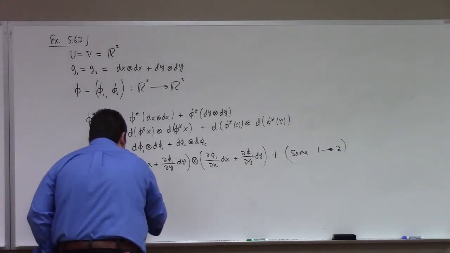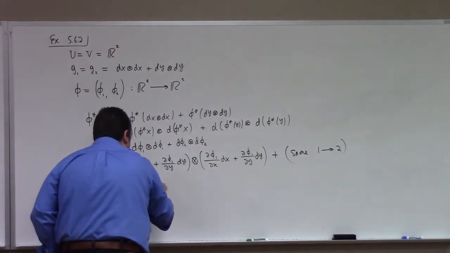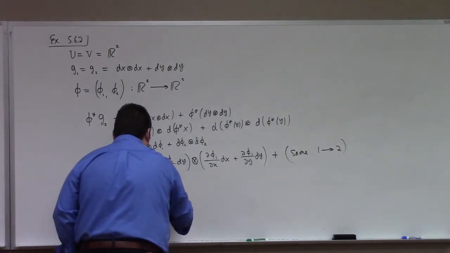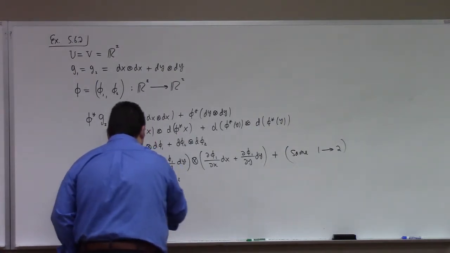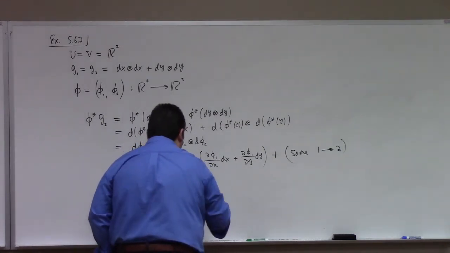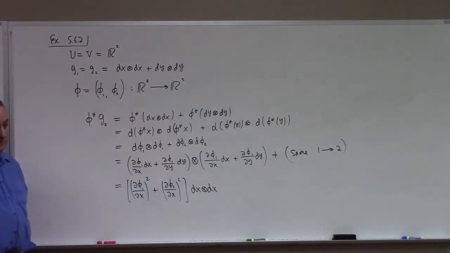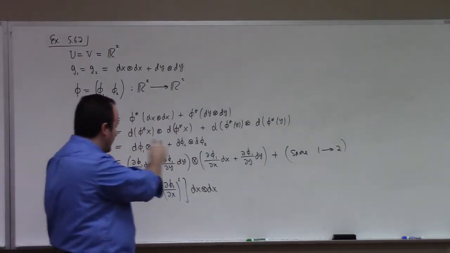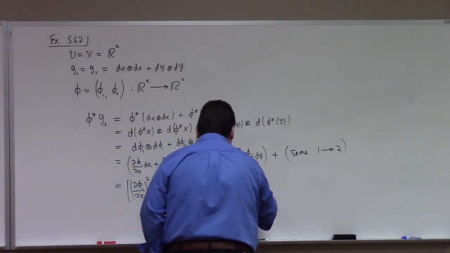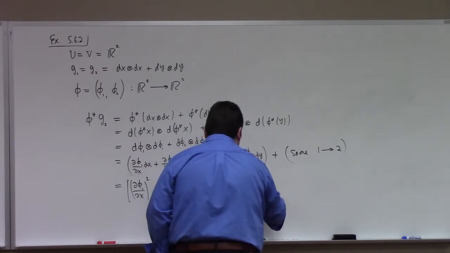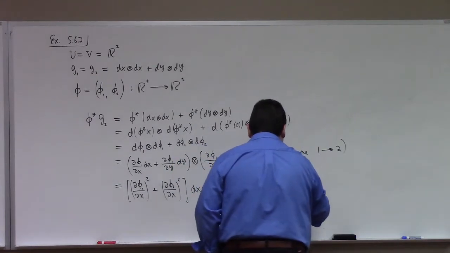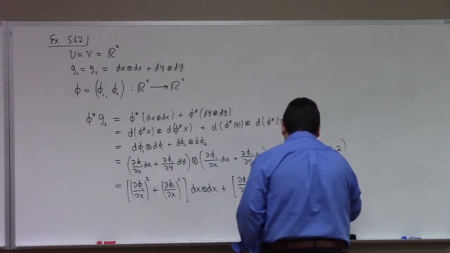We have partial phi 1 partial x quantity squared plus partial phi 2 partial x quantity squared, on our dx tensor dx. I'm collecting them from both terms. What else is there? There's the xy term, which is partial phi 1 partial x partial phi 1 partial y plus partial phi 2 partial x partial phi 2 partial y, on dx tensor dy.